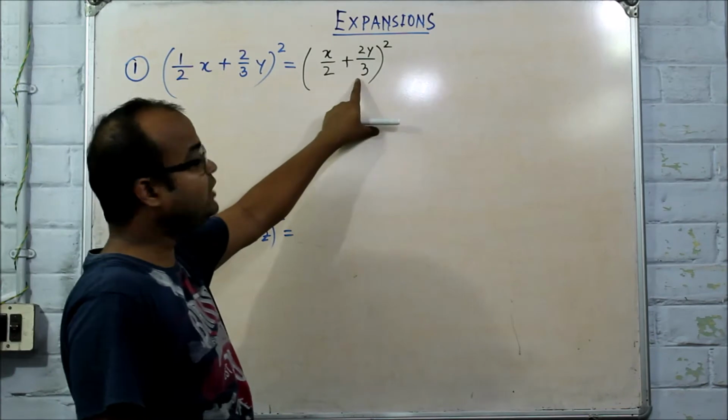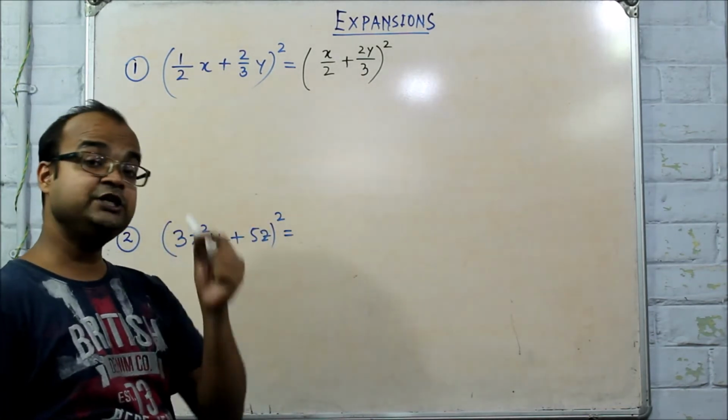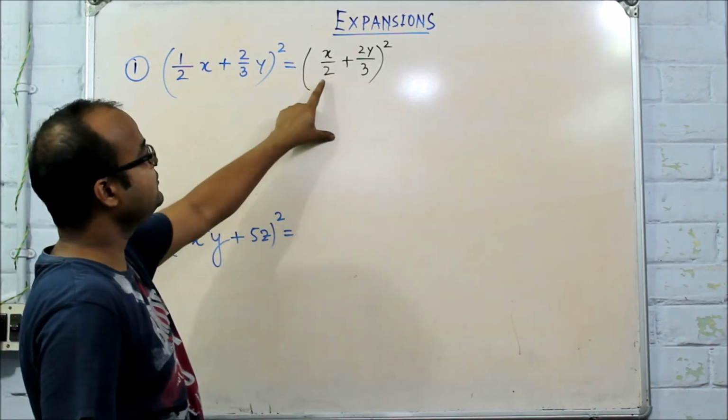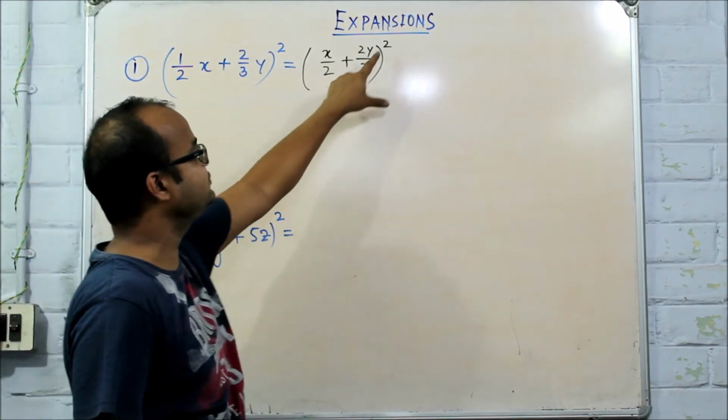So, which formula are we going to apply? First, you need to identify the formula you are going to use. It is the form of a plus b whole square.